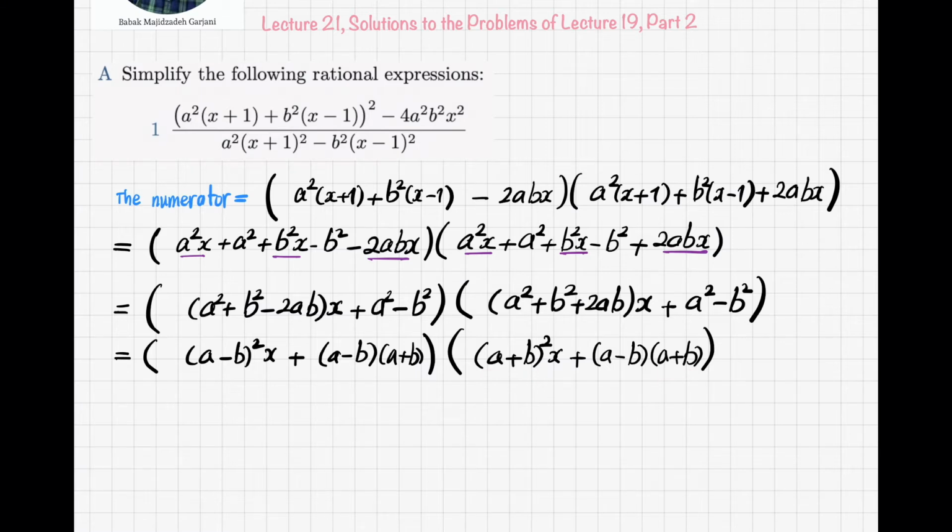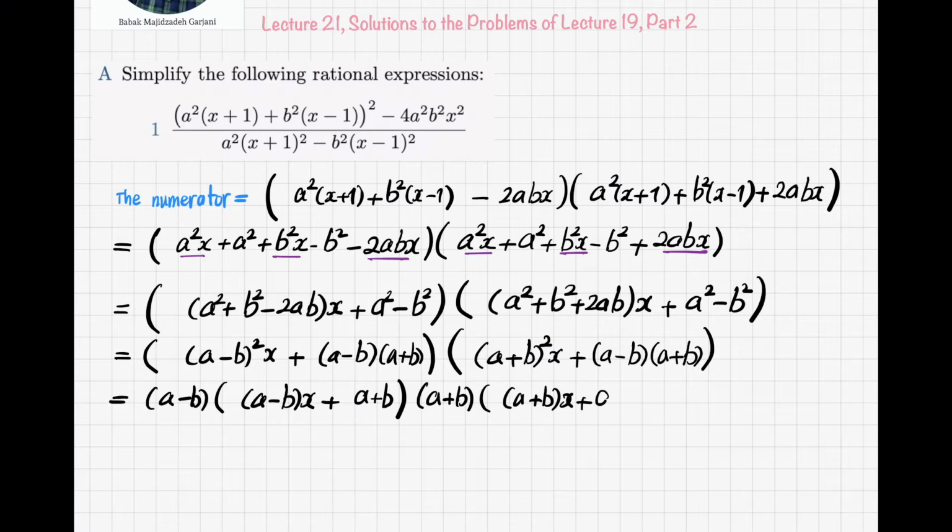So from the first pair, I can factor a minus b out, then I will be left with a minus b times x, and then plus a plus b. And from the second pair of brackets, I can factor a plus b out. Then I am left with a plus b times x plus a minus b.